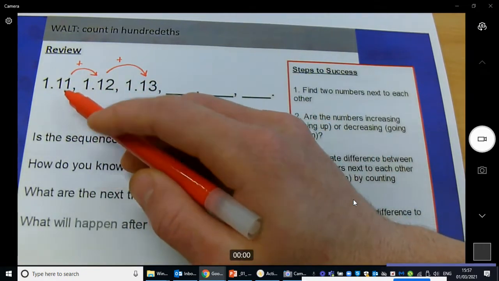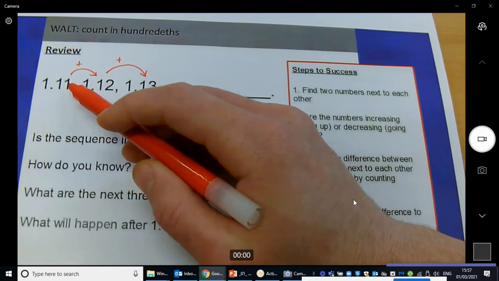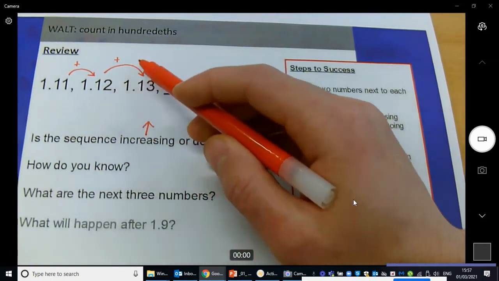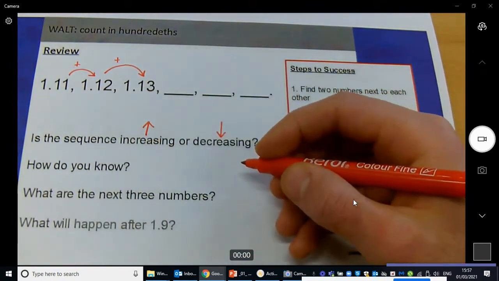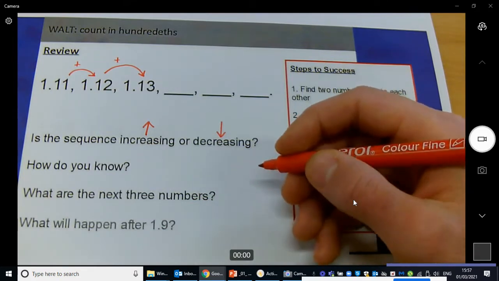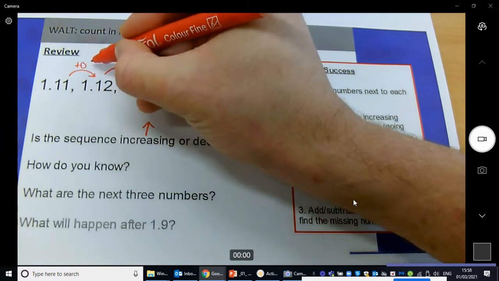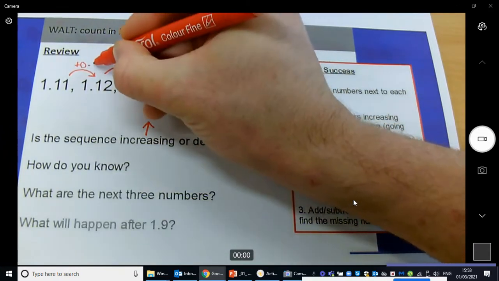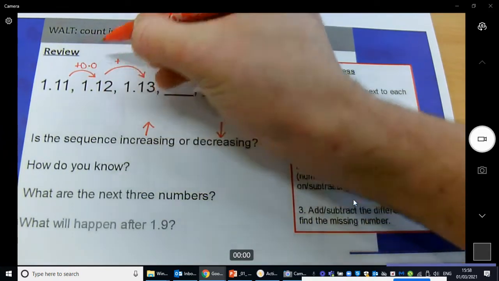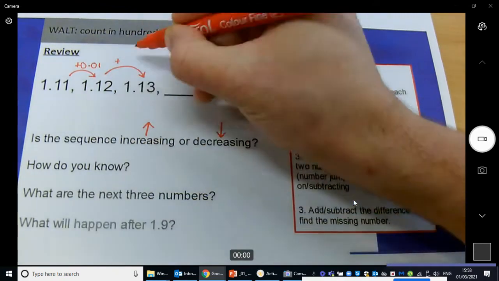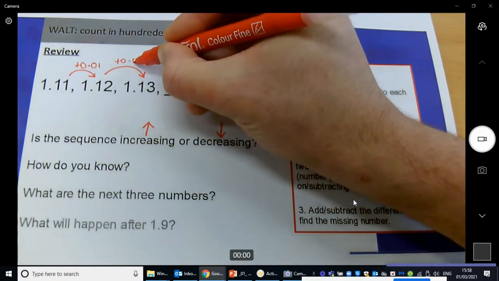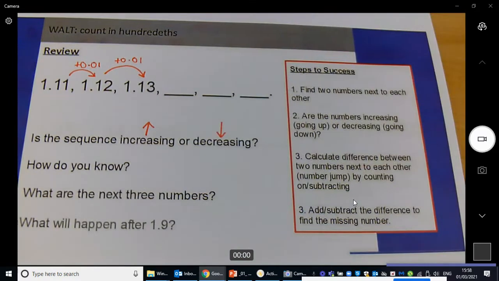It's going up in hundredths because it's going 1, then 2, then 3. And it's only going up by 1 hundredth each time. So that means it's going up in 0 ones, 0 tenths, and 1 hundredth.